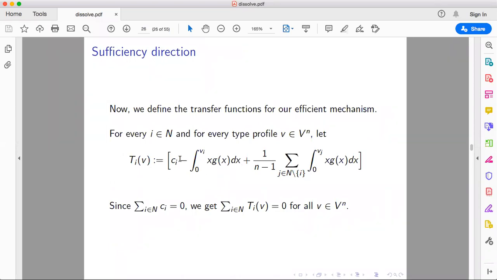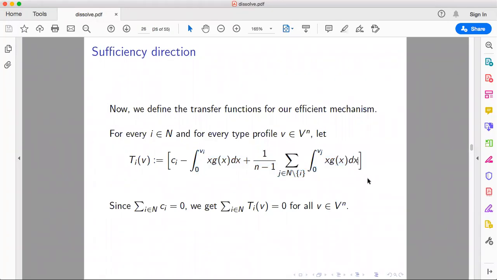The transfers, as I said, have a ci term, which is independent of anybody's type. It will be given irrespective of what happens in the mechanism. But then there are terms which depend on this small g, the density of this capital G distribution. Again, there is no real intuition about what these terms mean.